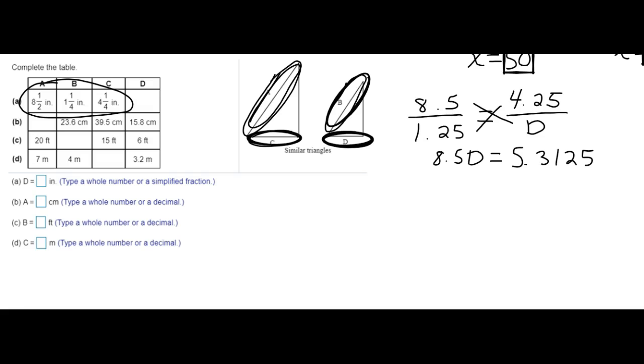And then to get D by itself, I'm going to divide both sides by 8.5, which gives me D equals, in my calculator, 5.3125 divided by 8.5, which gives me 0.625. And then because we started out in fractions, I'm going to convert that to a fraction, which is 5/8.